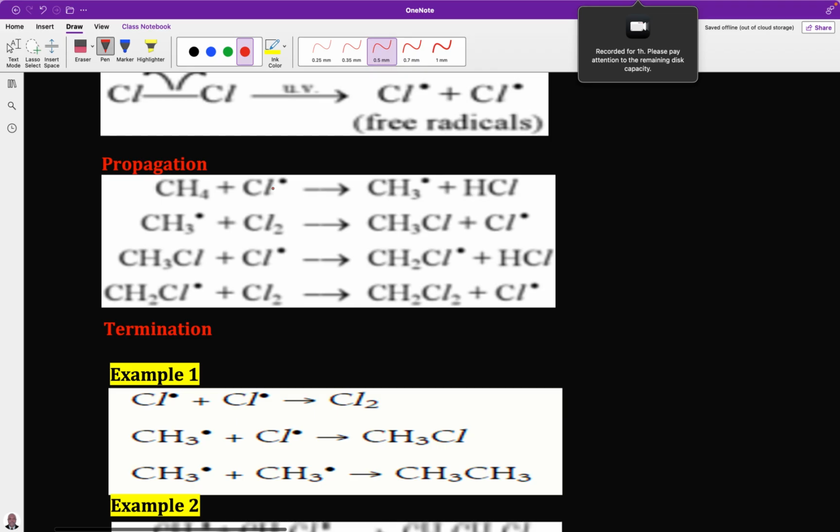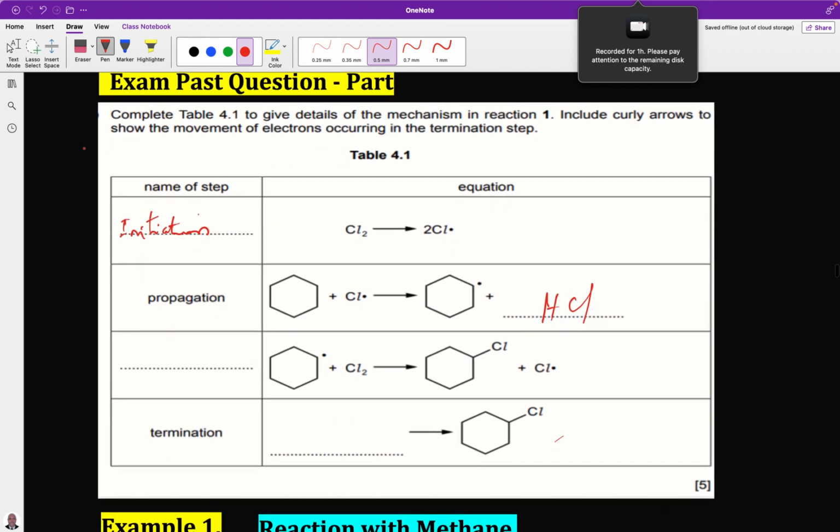What stage is that? The stage is always a propagation stage. Always propagation stage.